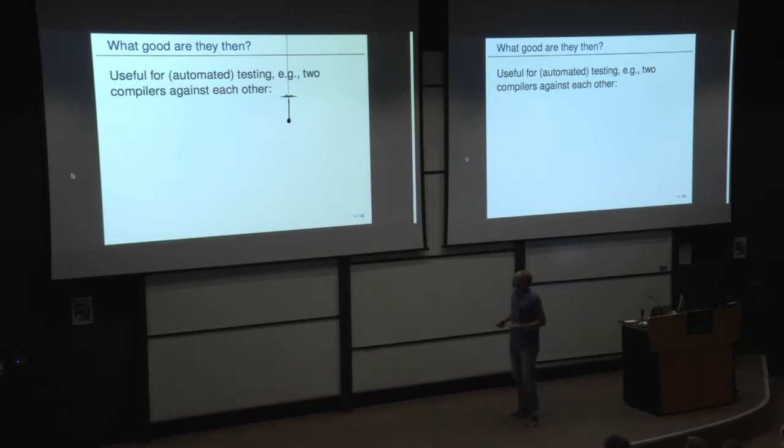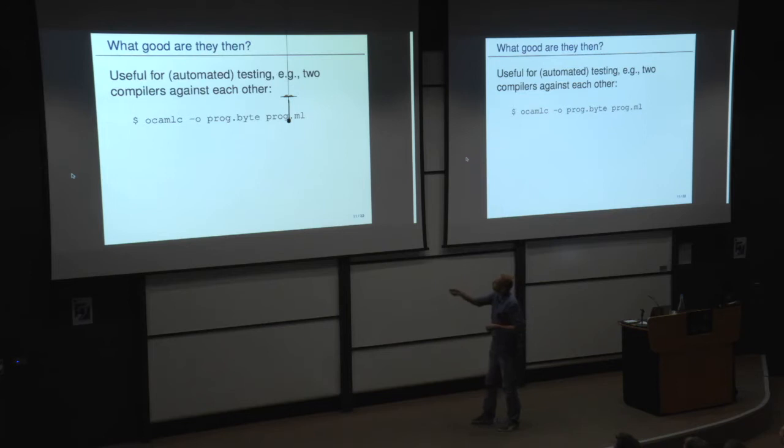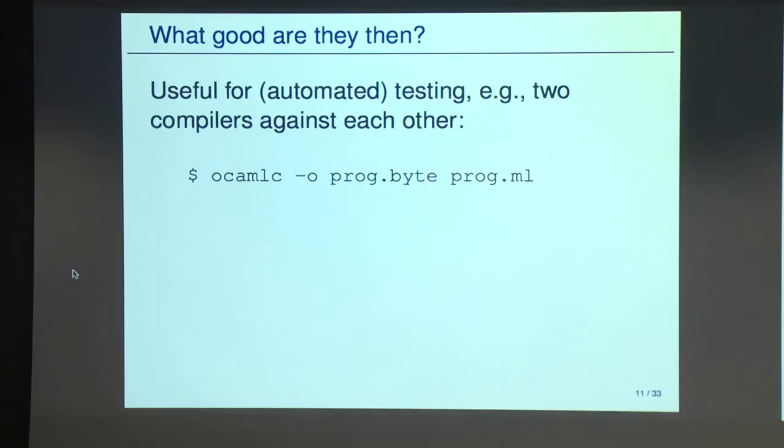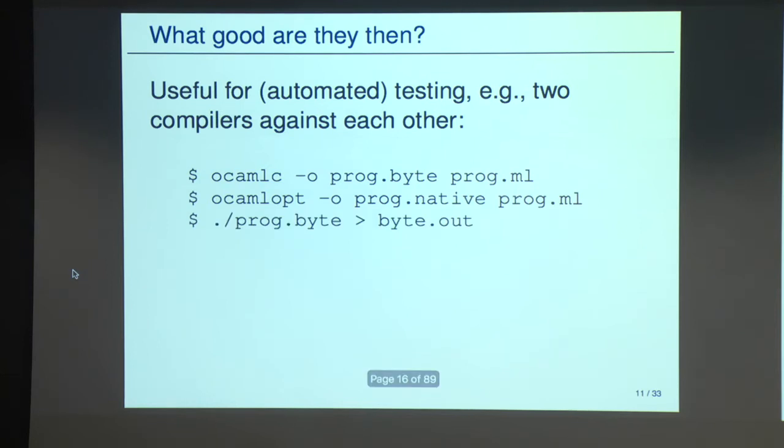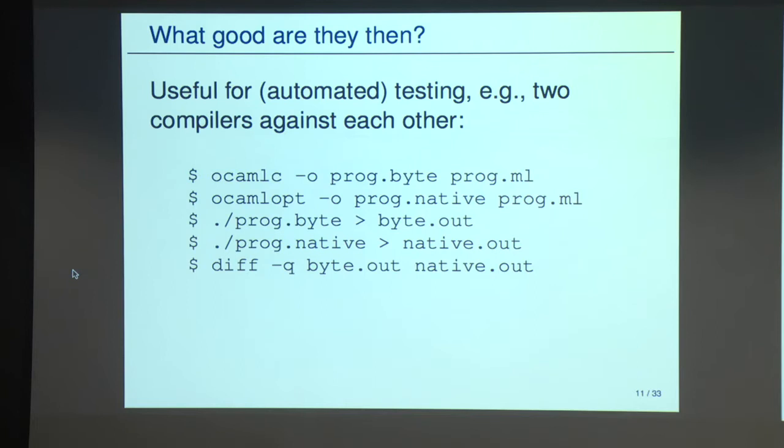Say, if you have two compilers, then you can test them against each other. How? Well, if you take one of these programs and you compile it with OCaml's bytecode compiler, you take the same program, you compile it with OCaml's native code compiler, and then you run the produced bytecode executable, you save the output to a file, you run the native code executable, save the output to a file, and then you diff.